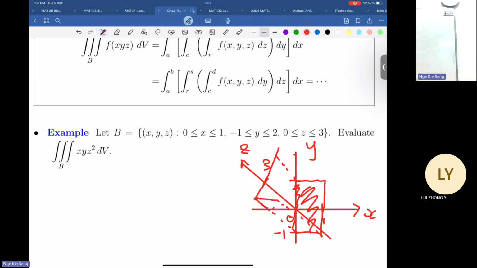So let me draw this line first, and then draw this line, and then this line, and then I draw this. Then I drew too far away, a bit too far. So draw here, draw this.